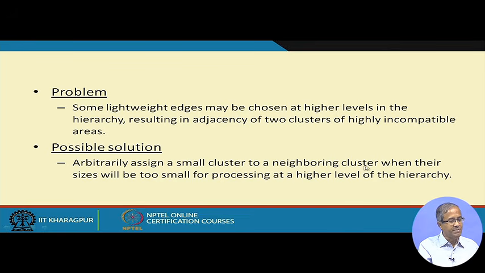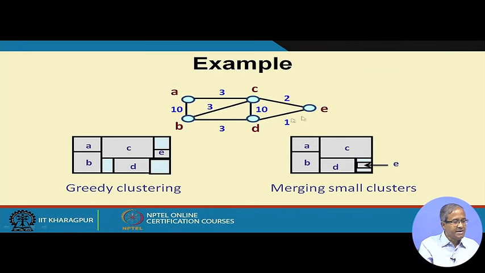Now, this heuristic says that if you see that a cluster is connected to a neighboring cluster with a very small weight, you club them together initially. This is just a heuristic. The idea is that you see D and E are very weakly connected with a weight of 1. You club D and E together at the beginning itself. So, D and E will be side by side. Now, you use the rest, A and B together, C and D together.